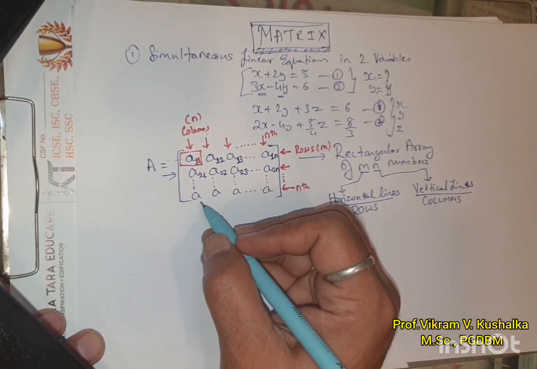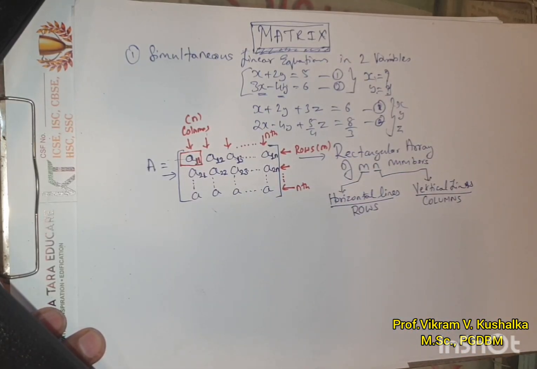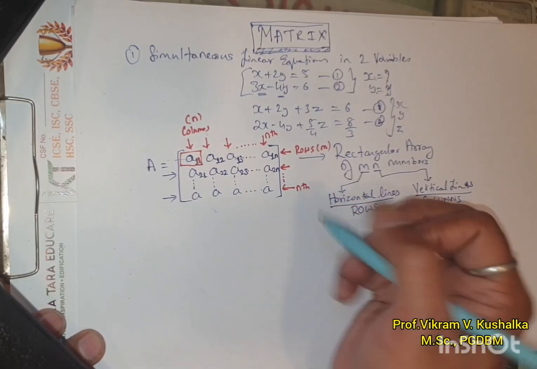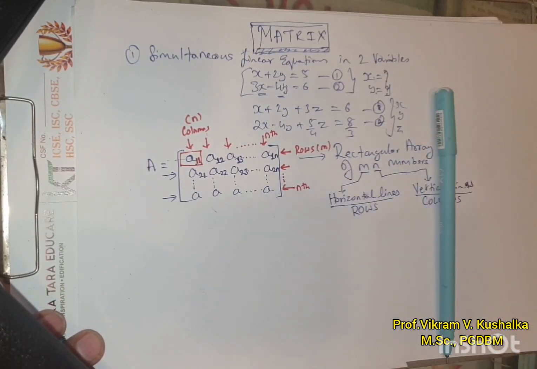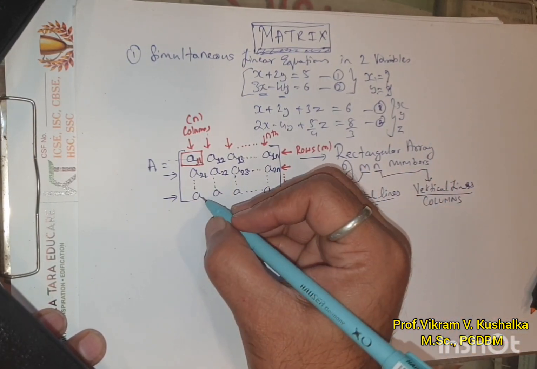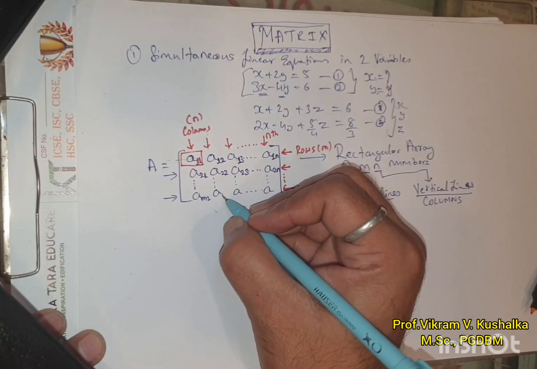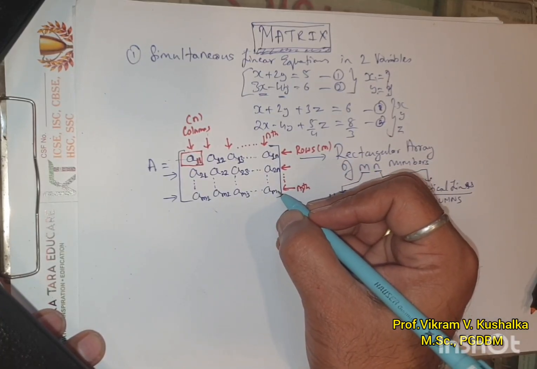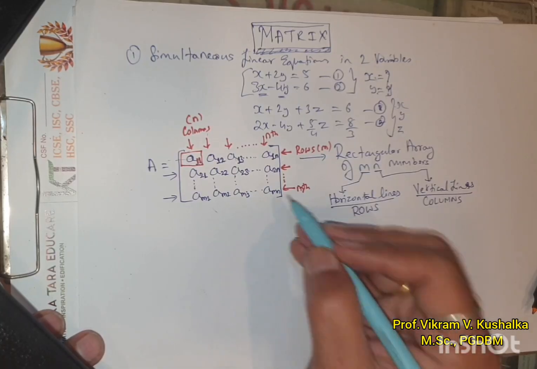And if I go for the last row over here, which is my mth row, so now I will name it as mth row. So in my mth row, this is mth row, first column, mth row, second column, mth row, third column, and mth row, nth column, AMN.